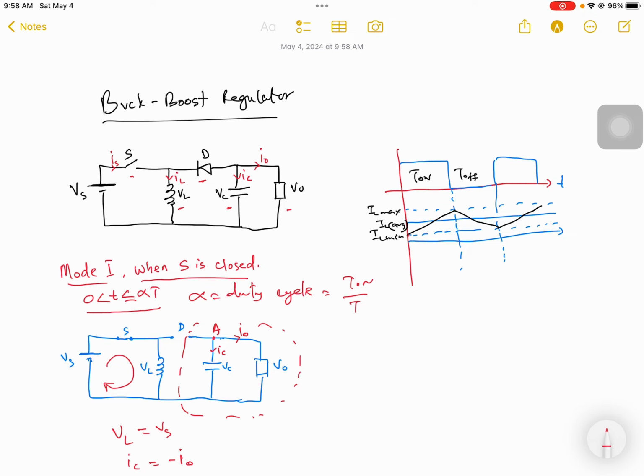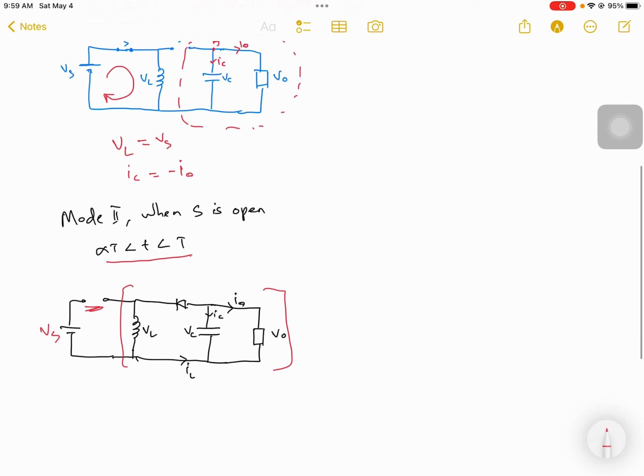So current will flow from minimum or zero, and if you keep on supplying, your inductor current will gradually increase like this, and then it will attain maximum. This is during the turn on time. Now when you disconnect the input source, your inductor will act as the source, and the flow of inductor current will be from the bottom, in this direction. Because if it is in the other direction, your diode will be reverse biased, so your circuit will not conduct.